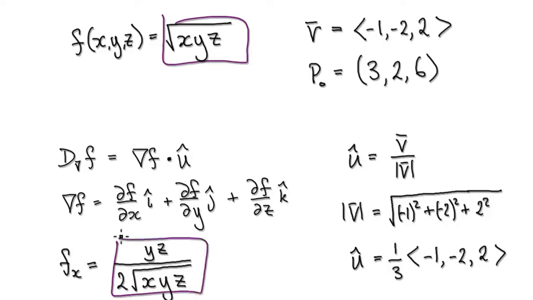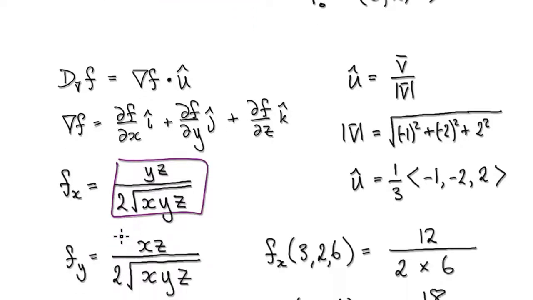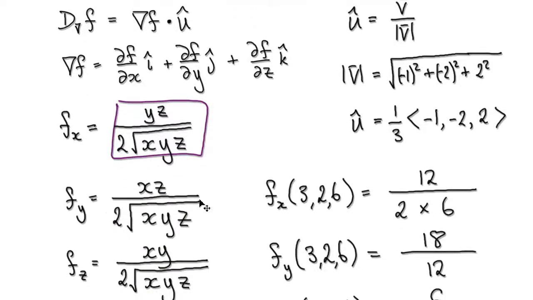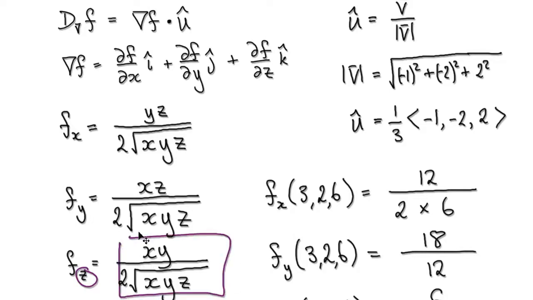That will then give you this, and then partially differentiate it with respect to y. That will then give you this. Partially differentiate it with respect to z. That will give you this. So now we need to evaluate it at our particular point. At this particular point, it will be 1.